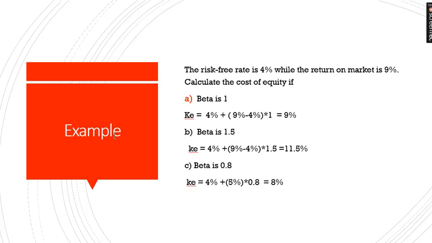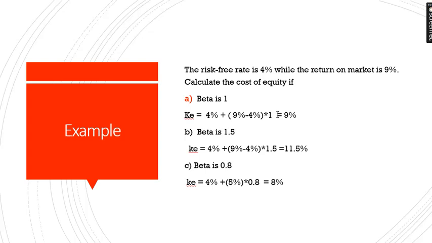Now let's start with beta 1. KE equals RF plus (RM minus RF) times the beta factor. RF is 4, RM is 9, minus RF 4, then times 1 as the beta factor. So this is 5.